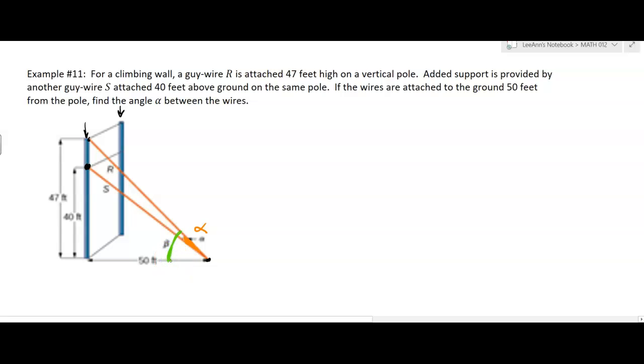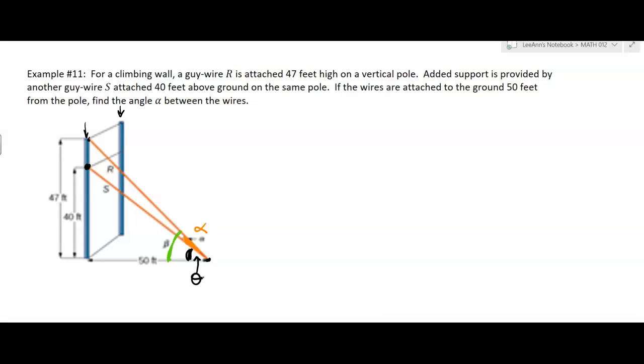It's going from the horizontal up to the R wire. There's this other little angle right here, which I'm going to call theta. That would be the angle between the horizontal, the floor, and S.